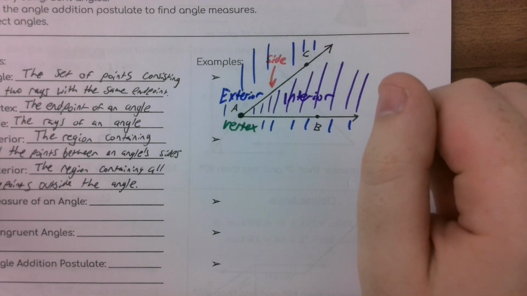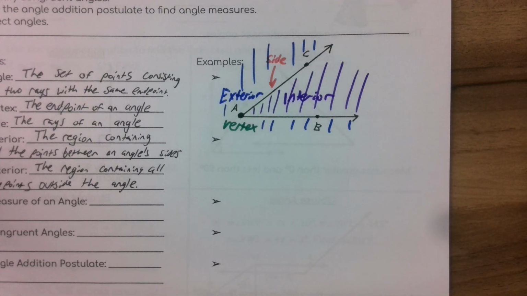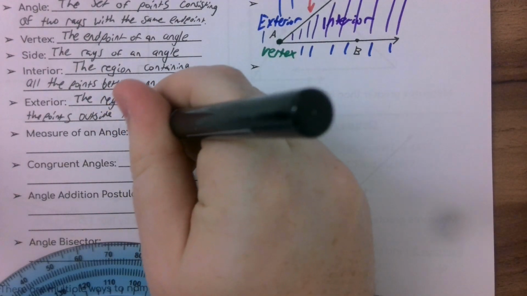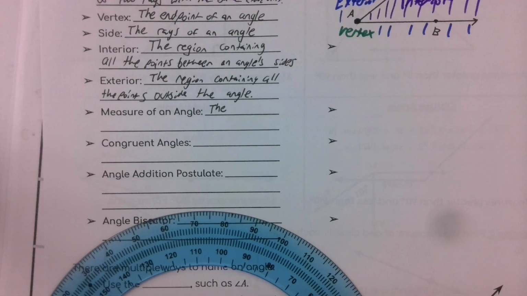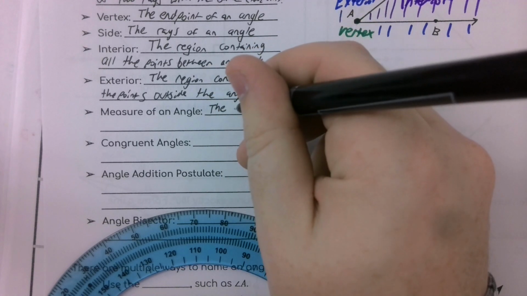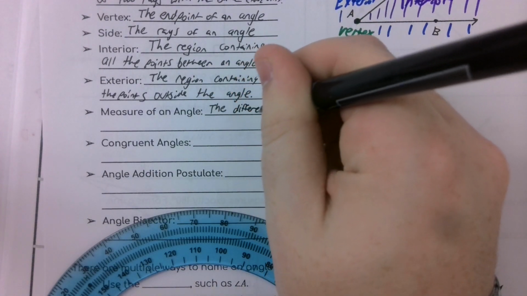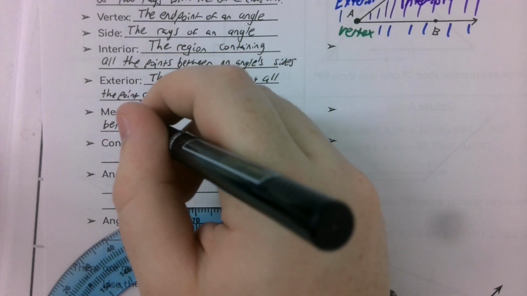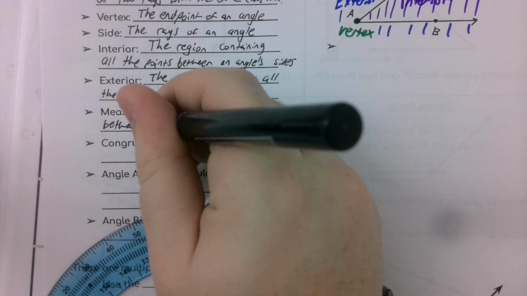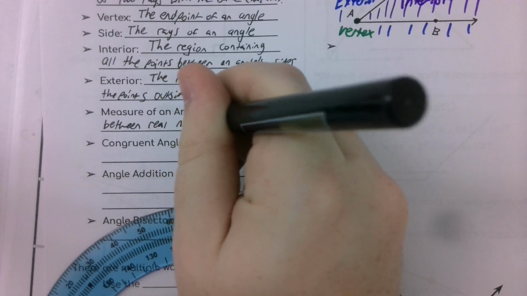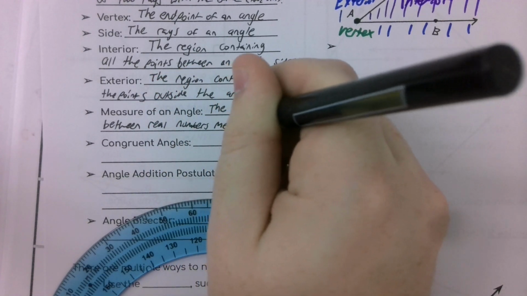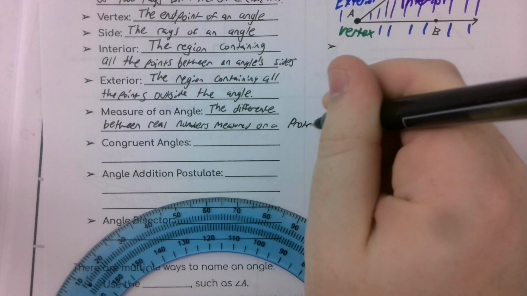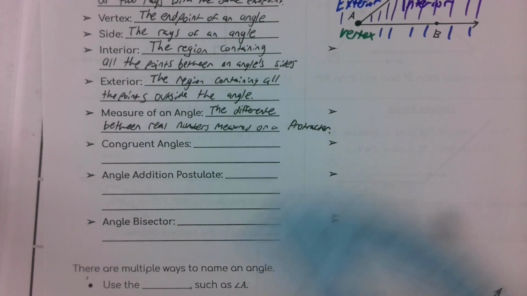We will talk about this again in just a moment, but the measure of an angle is the difference between real numbers measured on a protractor, this fancy tool right here.